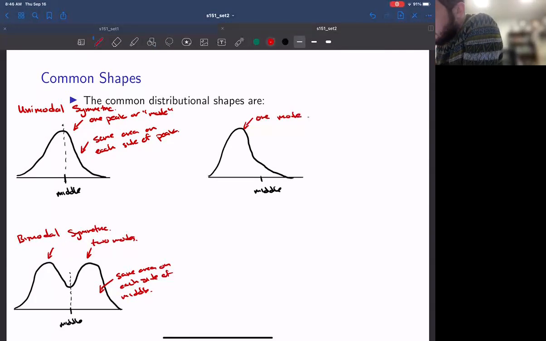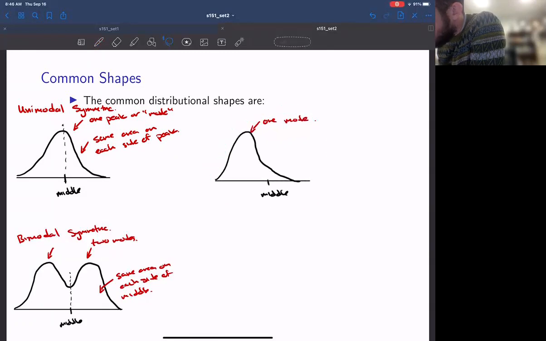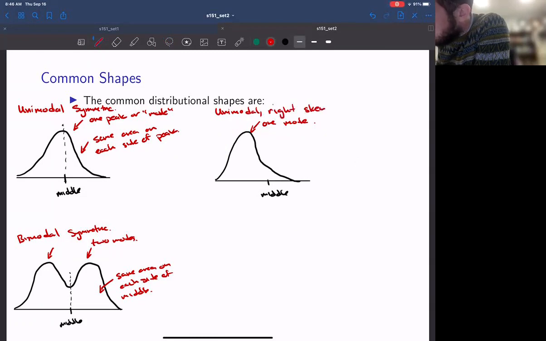Okay. And this shape here is what we would call unimodal right skewed.